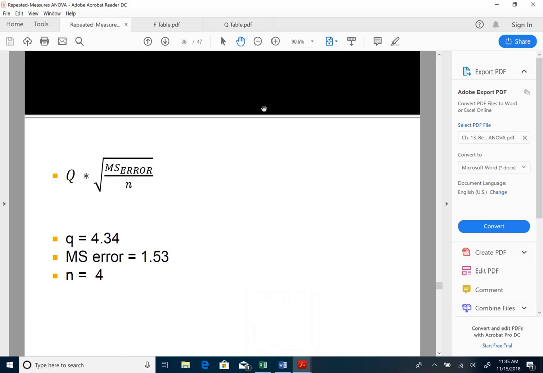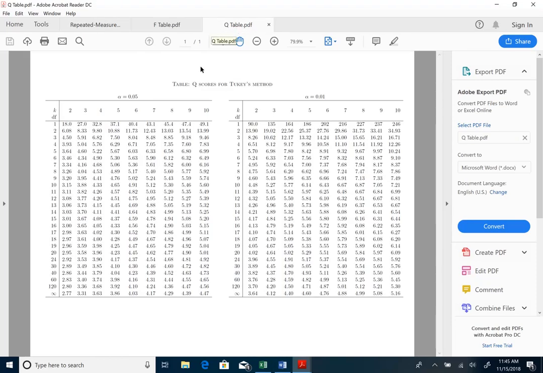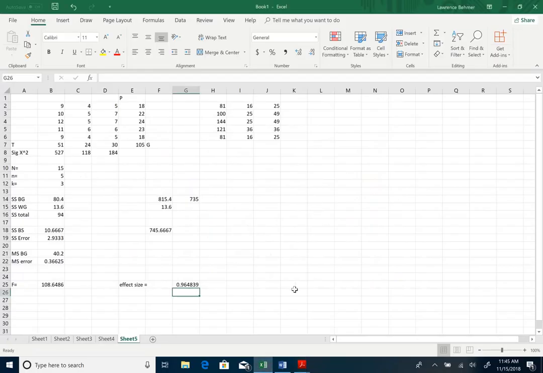So first thing we need to do is look up this Q value, and we'll use the 0.05 section. So what's our K? Our K is 3, right? We have 3 levels. And our degrees of freedom for our error term is 8, right? So we're looking for a Q value of 4.04.